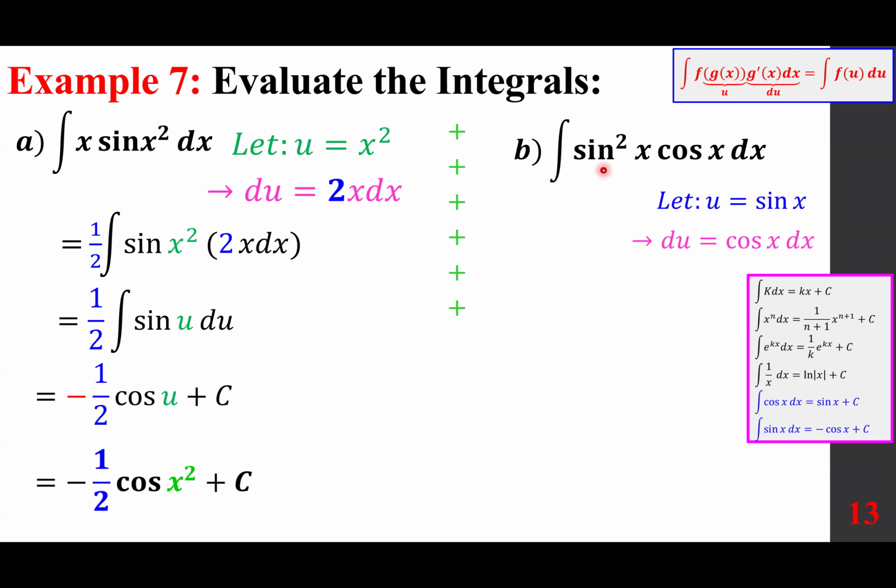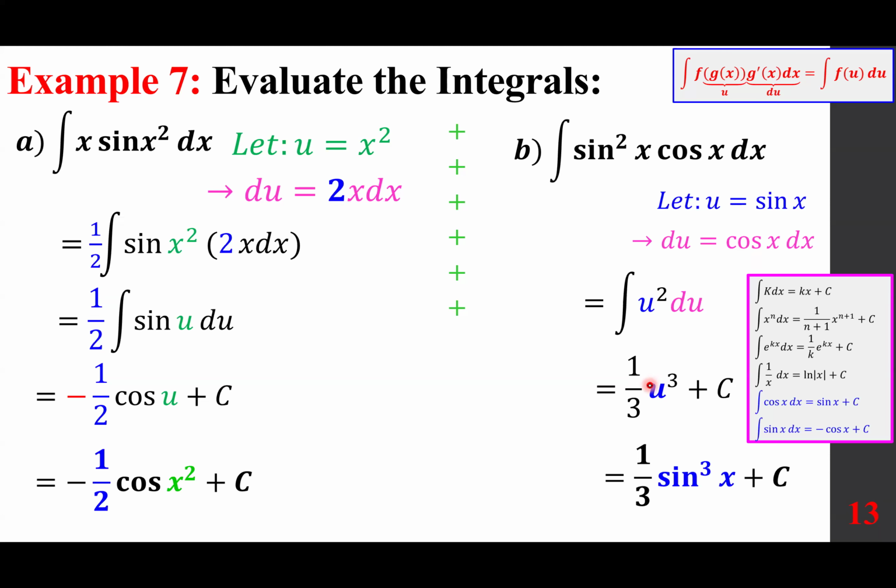So the integral of u squared du, simple case of a power rule. One-third u cubed and a constant. Replace the u.